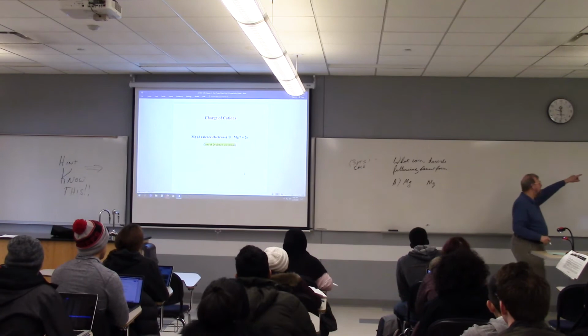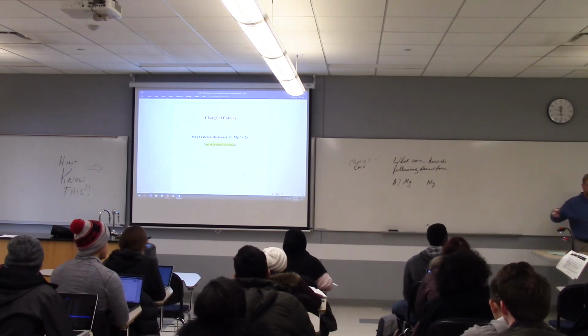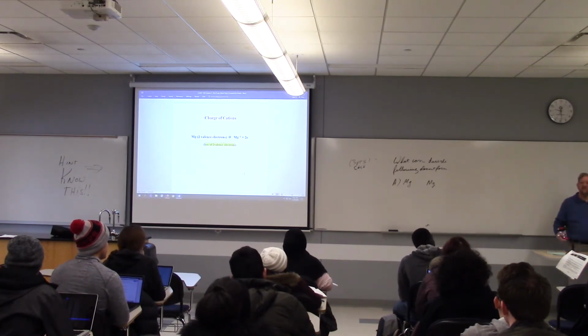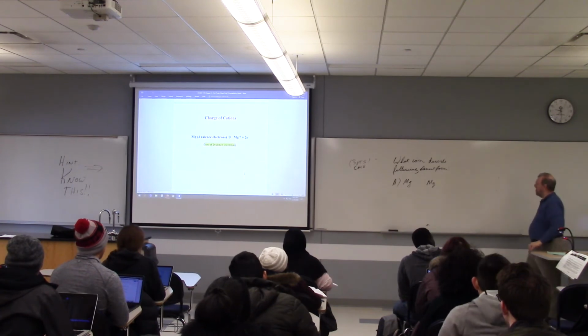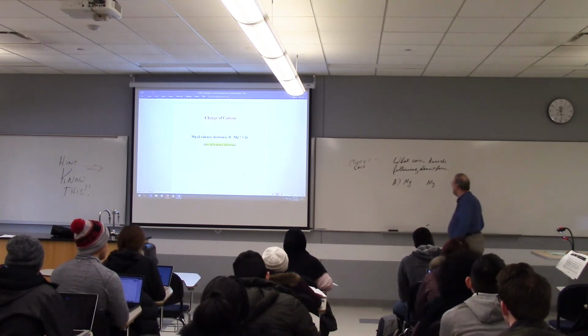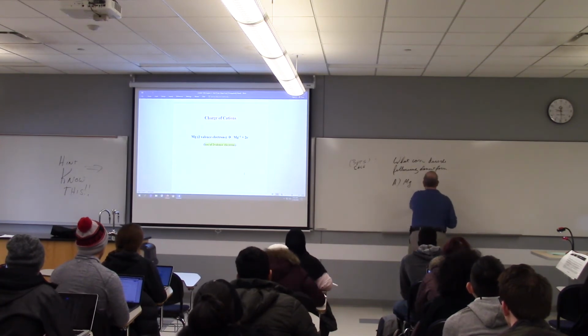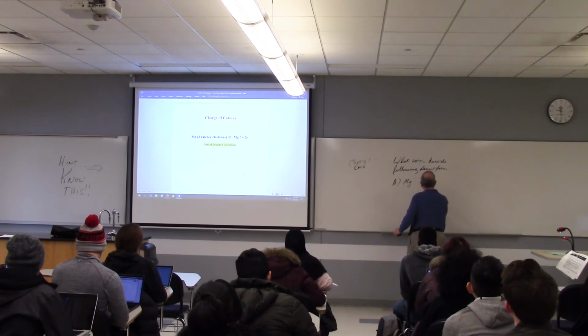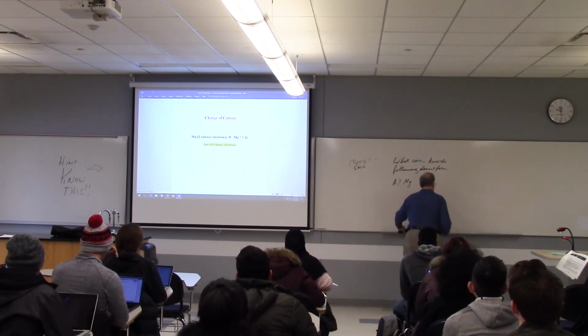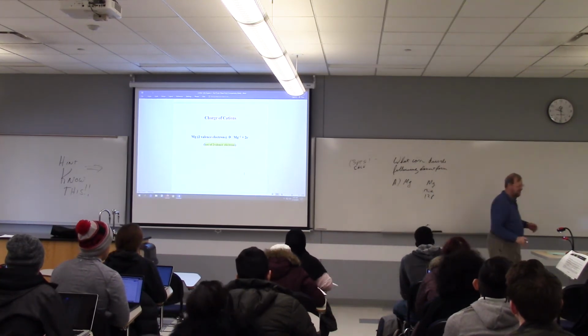I'll come over here so I don't have to switch back and forth. Magnesium has an atomic number of 12. That means it has 12 electrons and 12 protons. And I will need the periodic table.